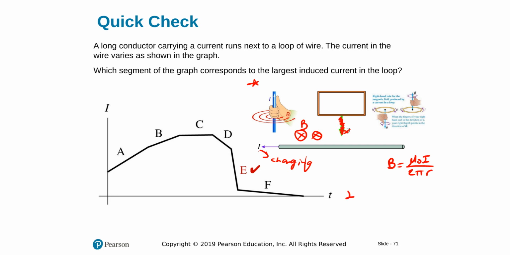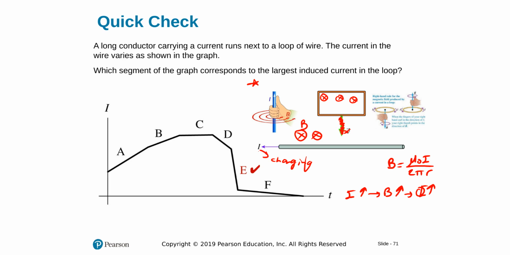So if current increases, B increases, and if B increases, flux increases, right? More flux through this loop, and that will cause an induced current.